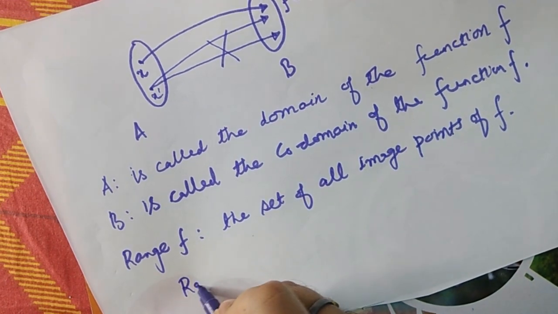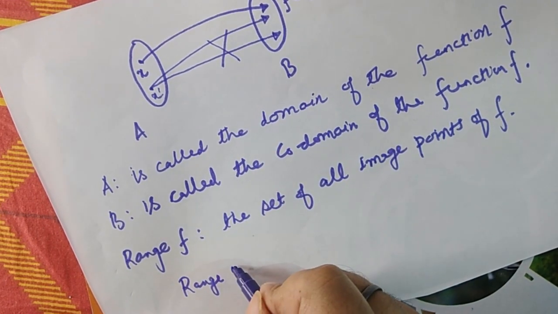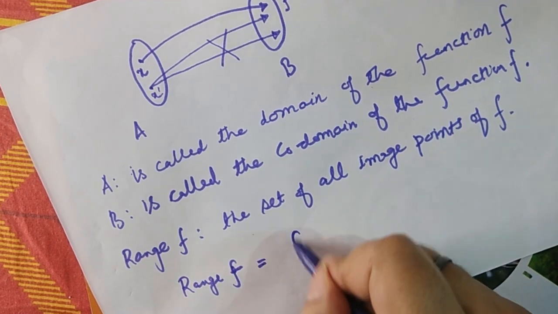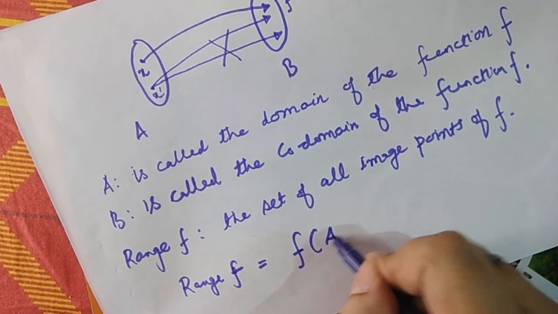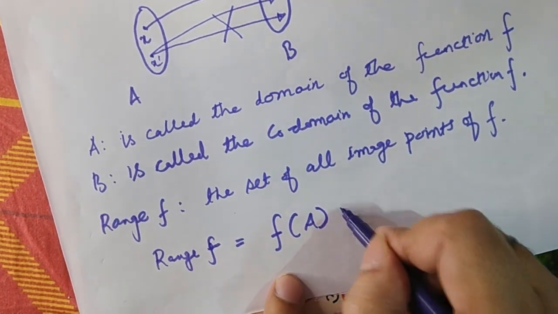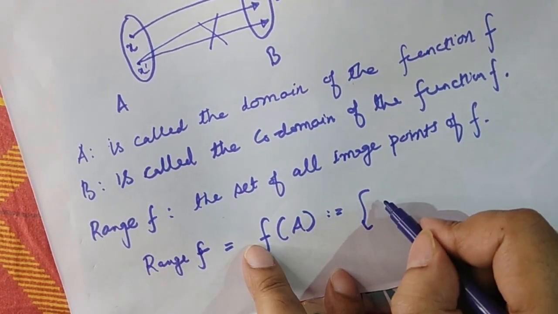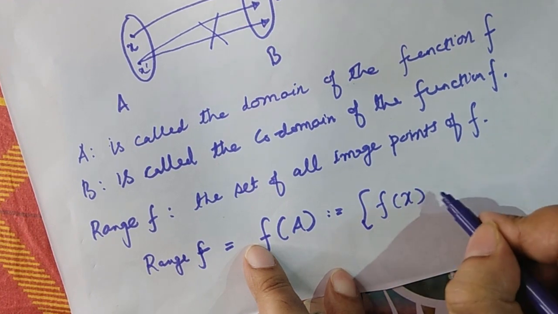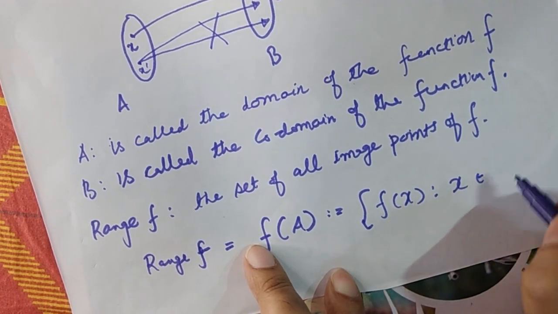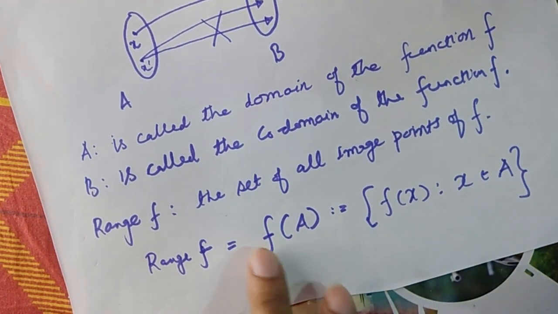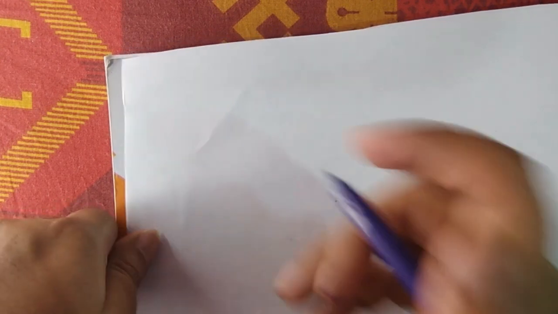So basically, range of f is equal to the set f of A, which is defined as f of x such that x belongs to the set A. The range of f is always a subset of the codomain B, but not necessarily always equal to it.